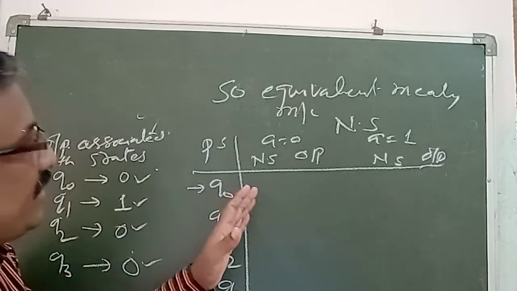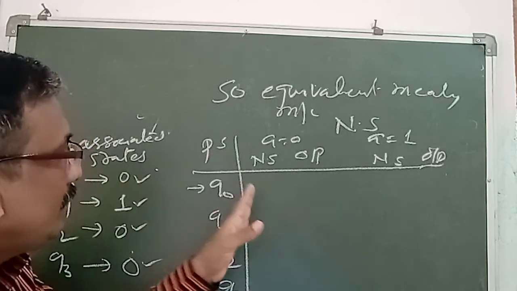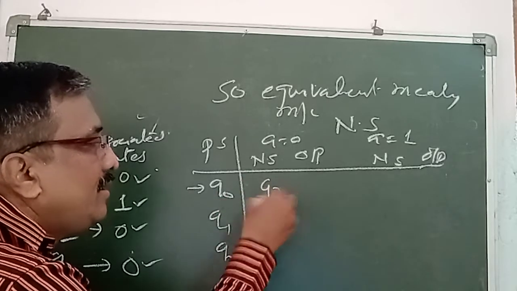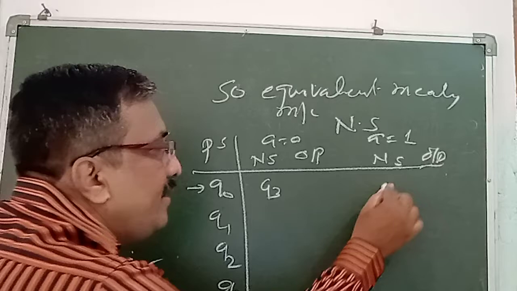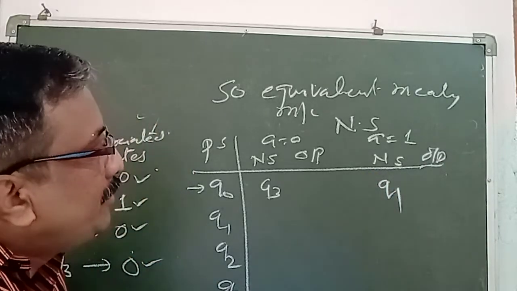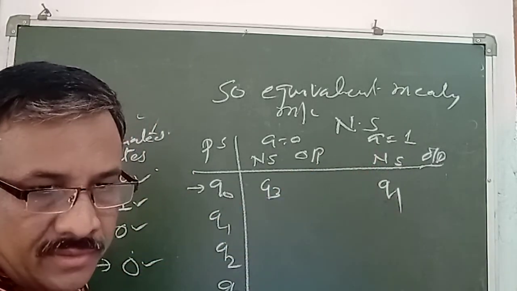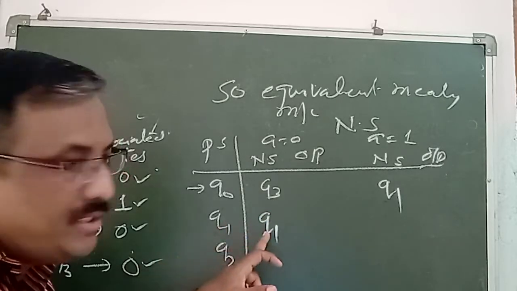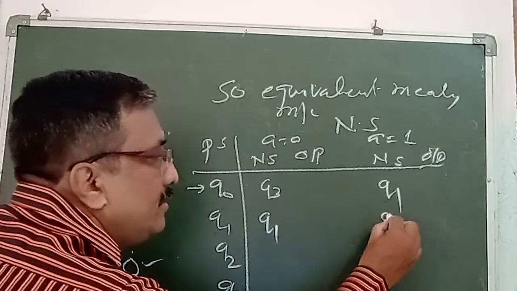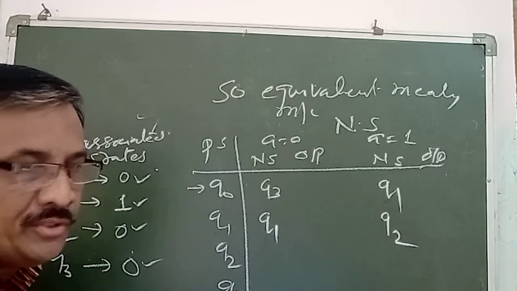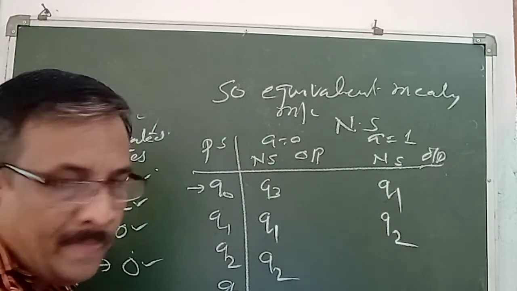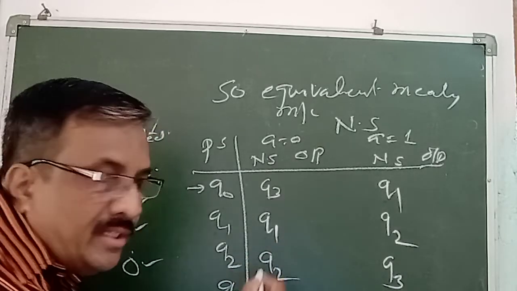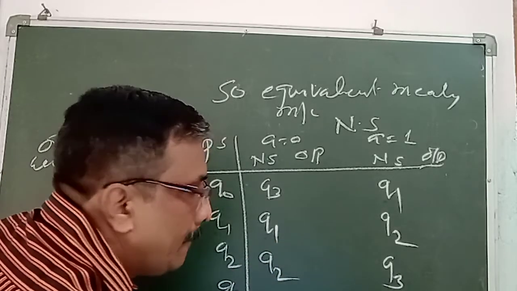Their next state transitions are, for state Q0 it is Q3, and for A equals 1 it is Q1. Similarly from state Q1 it is Q1 and Q2. From Q2 it is Q2 and Q3. From Q3 it is Q3 and Q0.